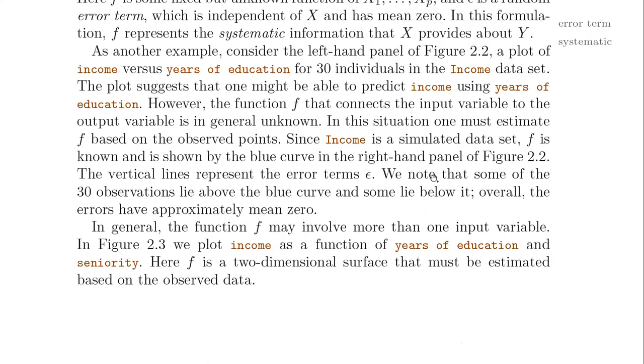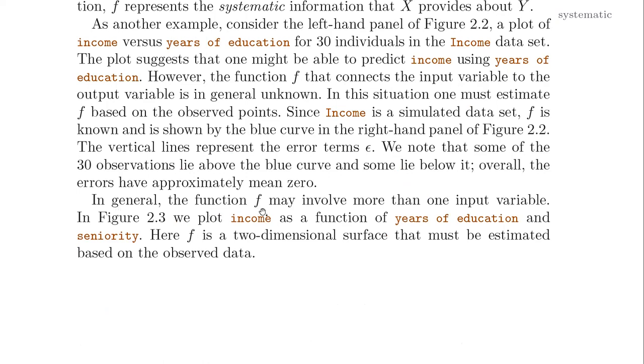In general, the function f may involve, and this is where it gets interesting now, or we're going to go into higher dimensional statistics. In general, the function f may involve more than one input variable, so we're allowing for more complexity. In figure 2.3, we plot again income. Income remains our output variable.